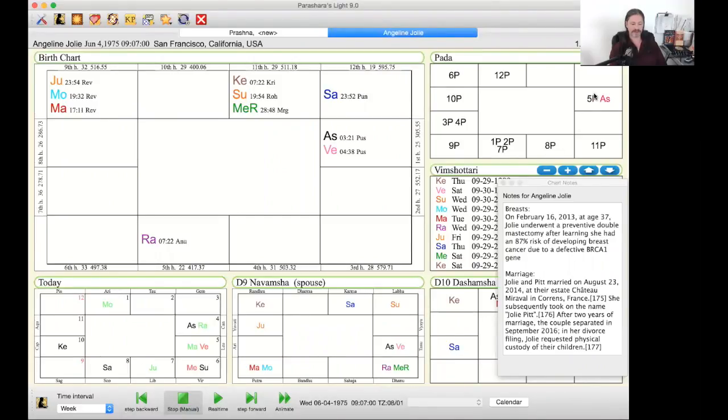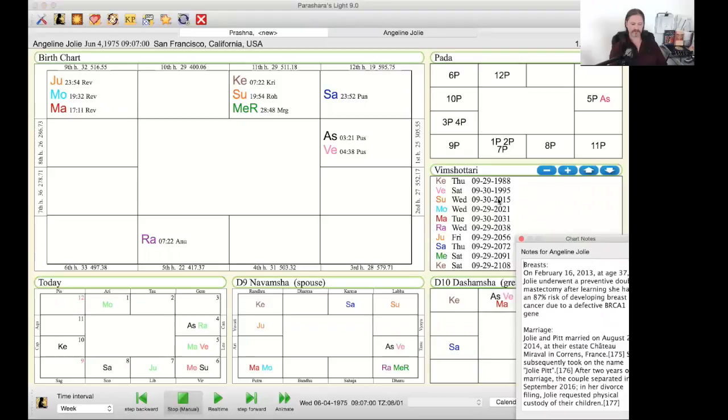Was also aspecting her 1st house. So this important transit is clearly shown, and it's one of the most effective ways to use bhavapadas with transits. So bhavapadas with transits are very important. Of course, they also have to line up with the dashas. And we can look at the dashas here in a second as well.